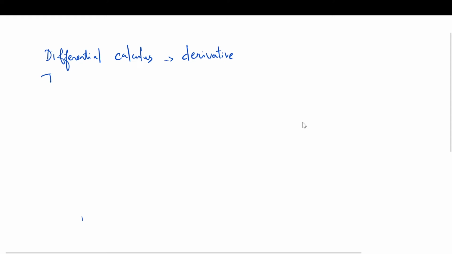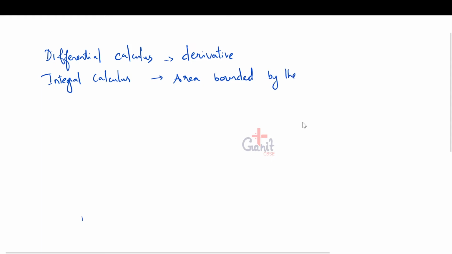When we talk about integral calculus, it is all about defining and finding the area bounded by the graph of the function. So differential calculus is centered on the derivative, and integral calculus is centered on the area bounded by the graph.